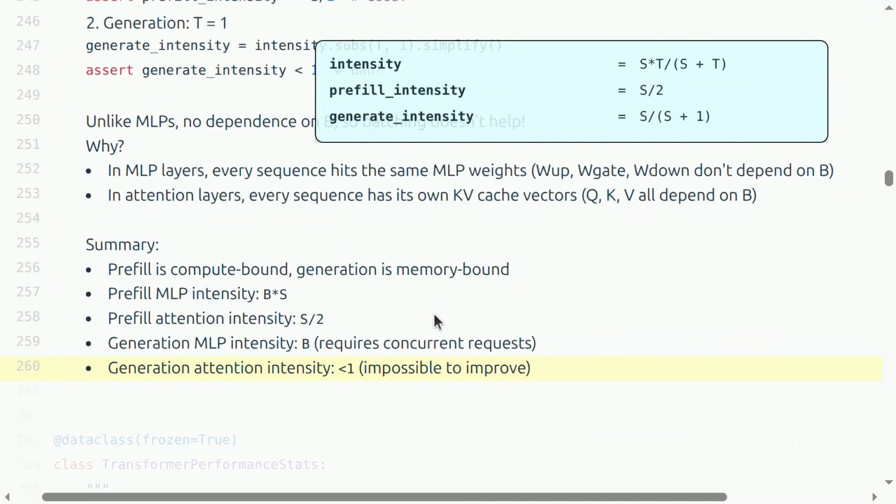If you're sticking with a transformer, you can't really improve this. Okay, pause there for questions. So now whenever you hear people say, oh, inference is memory bound, you know why.